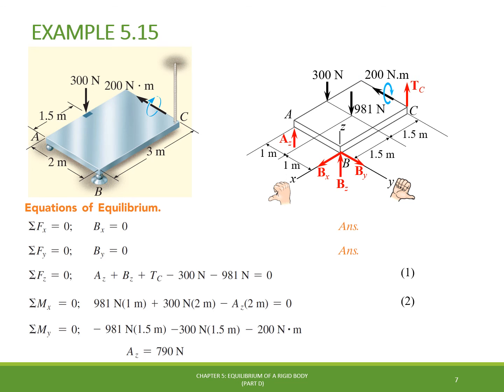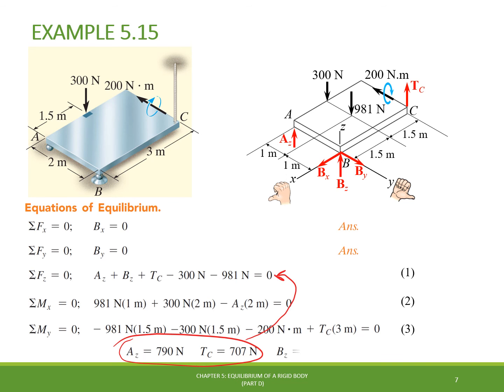We also have the negative applied moment of 200 newtons meter, and the tension in the cord TC with the 3 meters moment arm generates a positive moment about the y-axis. We can solve this equation for the tension in the cord, and we get the result of 707 newtons.